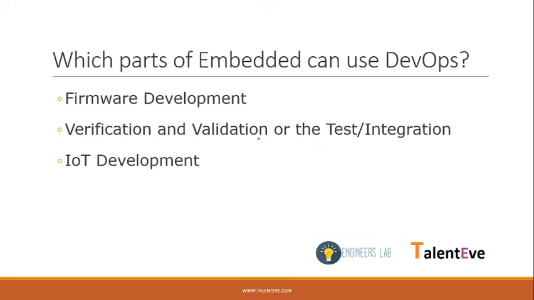So in those cases, the hardware is already defined, you know the end system. So what we can do is, you already have a system in place. Even though there is a dependency on the hardware, it is already developed. So the firmware guys can deploy their DevOps methodologies in their development.